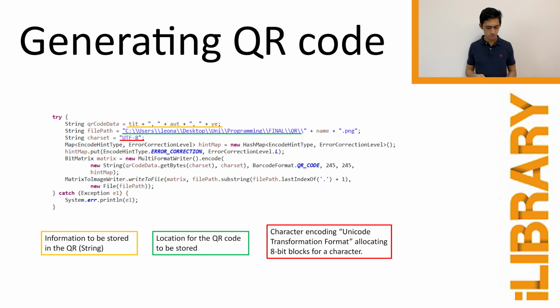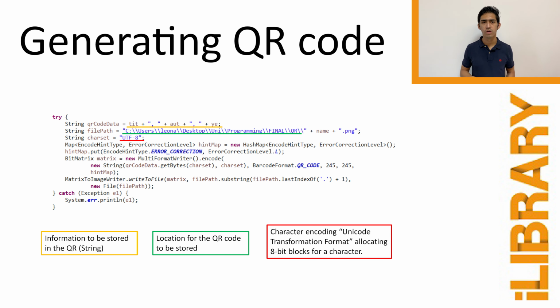Now, if we get into the code in Java for the QR generating, we will see that all the procedure is enclosed in a try and catch part to avoid mistakes in the process. In the first part, we have the string that will be the information stored in the QR code.